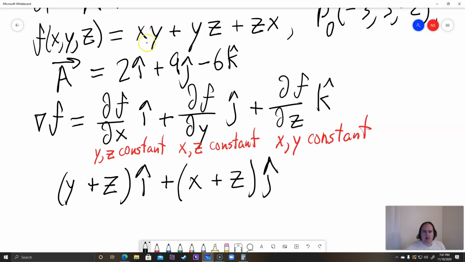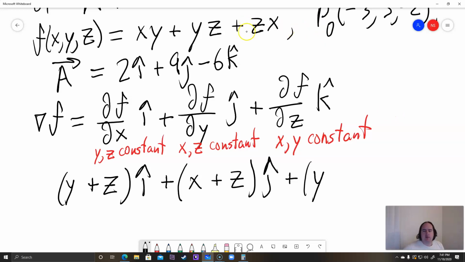So this first term becomes 0. The second term, since y is constant, the derivative of z is 1. So this second term is going to end up being y. It's y times 1, which is y.